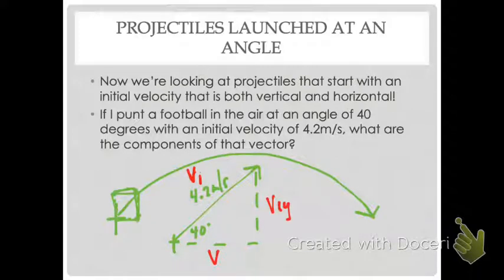Actually, I don't like labeling that way. I like VYI, then VXI. We want the vertical and the horizontal components of that initial velocity. Are these objects in our kinematics projectile equations? Yes, right? That's what we need. So let's go ahead and break down that vector into VXI and VYI.